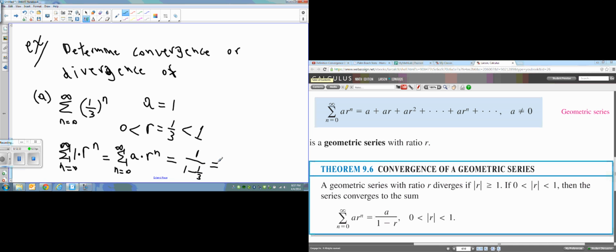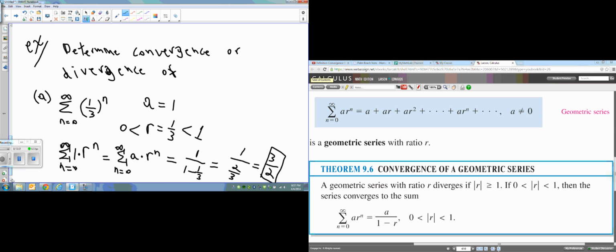So that's 1 over 2/3. And when you find this fraction, it becomes 3/2. You flip and multiply. So not only does this geometric series converge, it converges to 3 over 2.